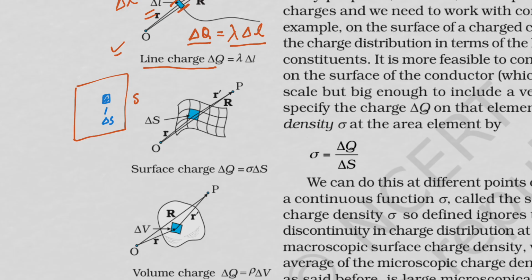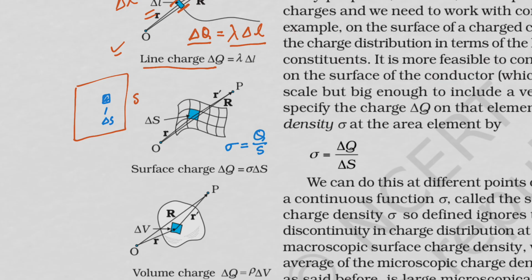For that, we should understand that there is something called surface charge density, and that is sigma. Sigma is called the surface charge density. And what is sigma here? Sigma is actually total charge by total area.